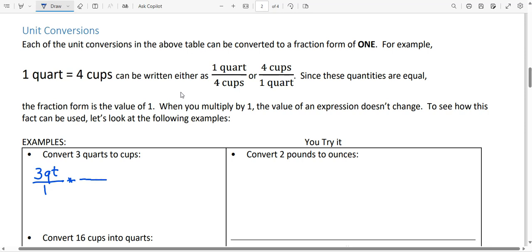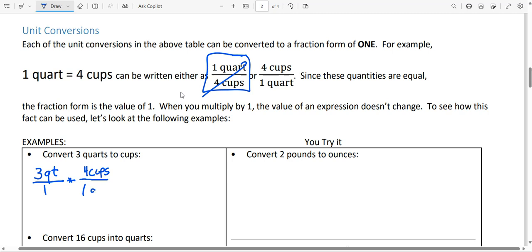Now, here's the thing. If you mess up the order, so for example, if we tried this one, 1 quart on top, 4 cups on bottom, then the quart times quart, we would get square quarts divided by cups, which makes no sense. So you do have to have your form of 1 in the appropriate relationship.